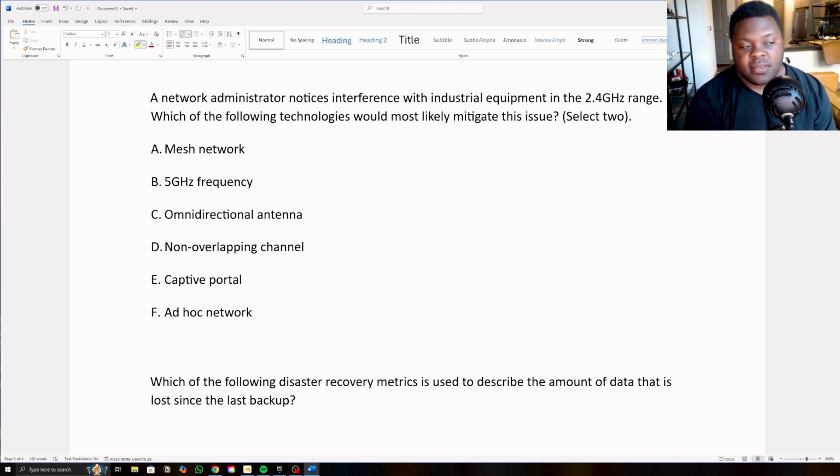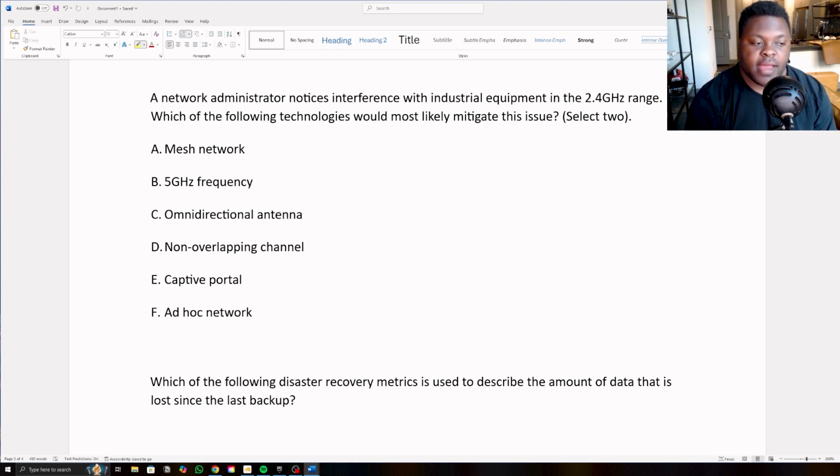Answer choice D is non-overlapping channels. This is a good answer choice because using non-overlapping channels could mitigate the issue and provide some clear communication. Not having heavily trafficked channels.